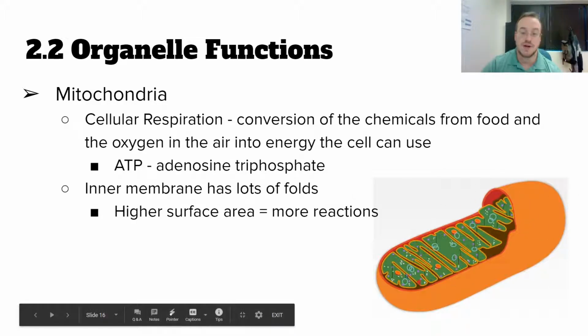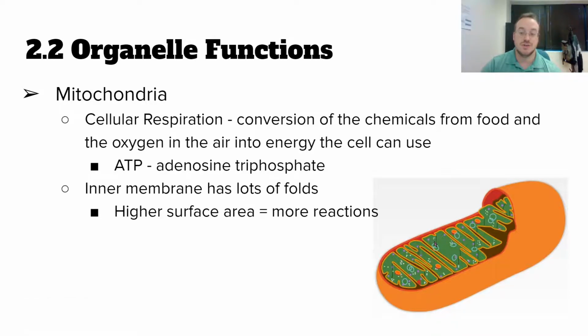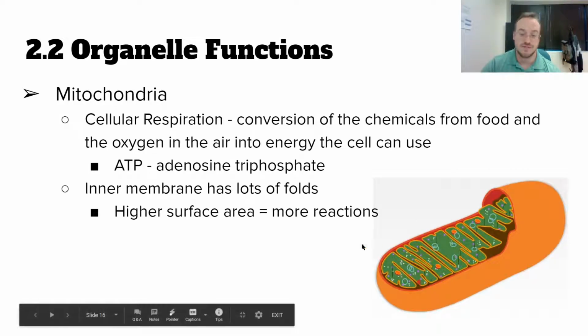So the mitochondria has two membranes. This is one of the reasons that we think that mitochondria actually came from outside the cell and was enveloped by the cell a long, long time ago. Like billions or even trillions of years ago. All right, we are talking old school stuff.